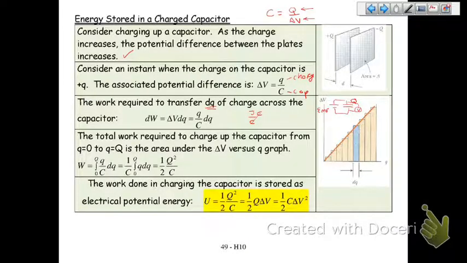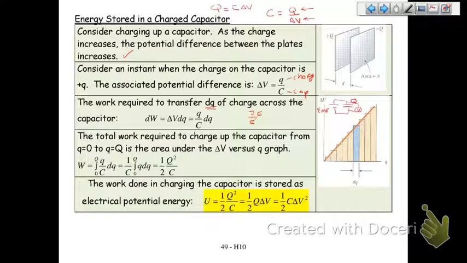And what I'd find is that at any instant the charge on my capacitor equals my capacitance times my potential difference. In the end, my potential difference will equal my EMF, and my charge will equal my total, fully charged charge. But this equation also works instant by instant.